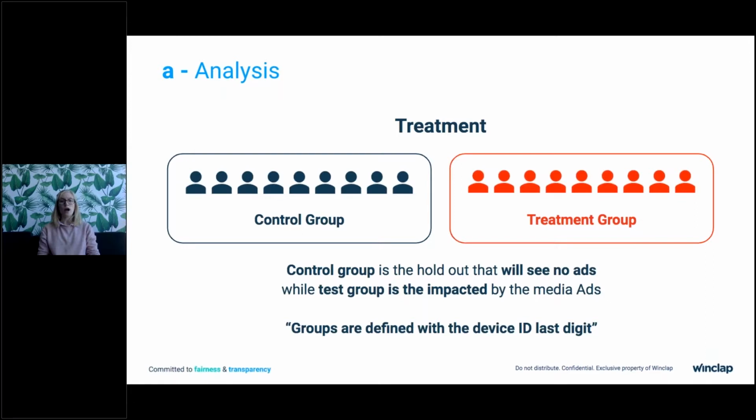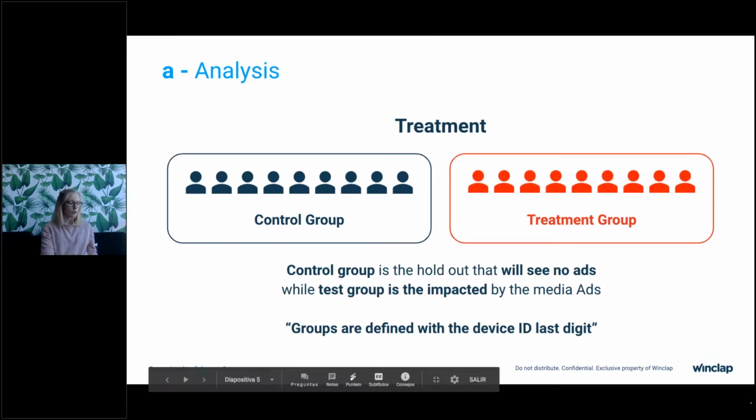These groups are defined with the device ID last digit, so you can customize the percentages of each group, and that device ID is something we have on Programmatic on every bid. So that would be really easy for you to do the splits.